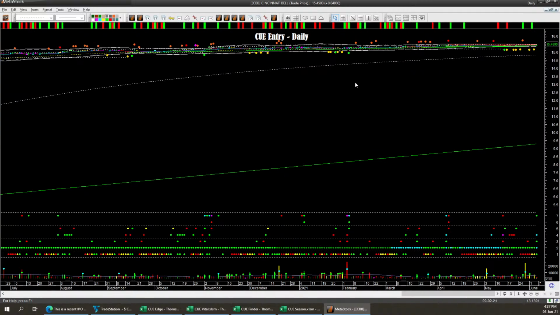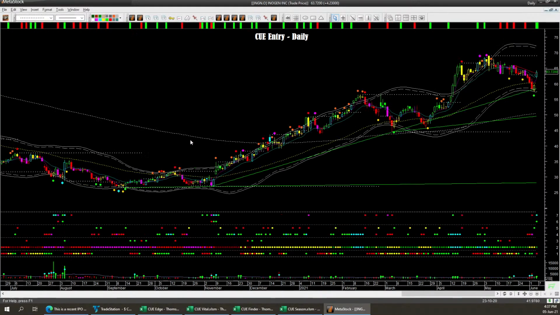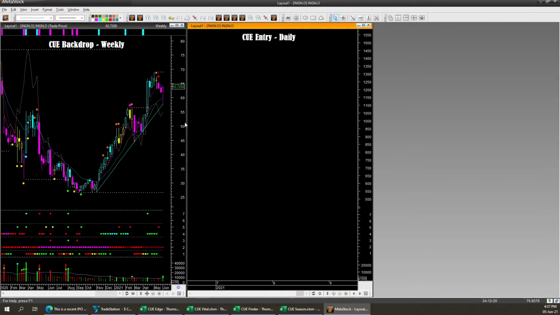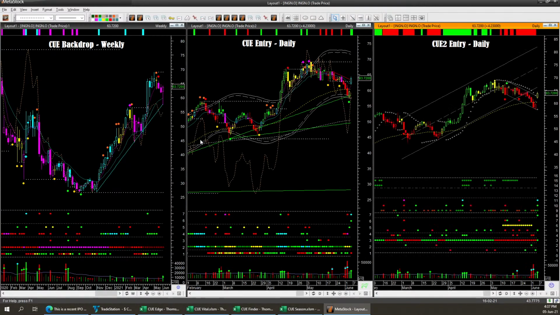Okay, this stock is flat. Maybe it's an acquisition or something. Close that. Let's look at this one, INGN. Look at it using the 3 chart weekly daily template. Support from weekly, not only support, bounce from weekly and breakout from daily.